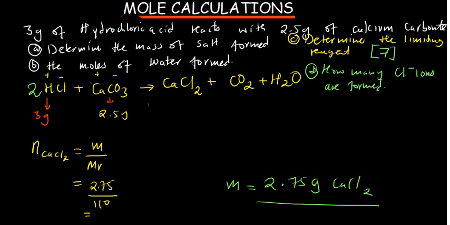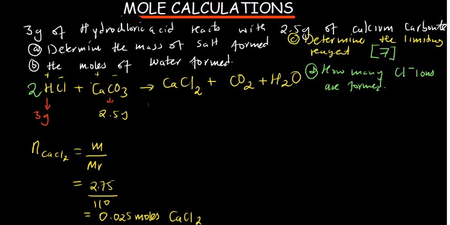That will give us 0.025. So these are the moles of calcium chloride that are formed in this reaction.